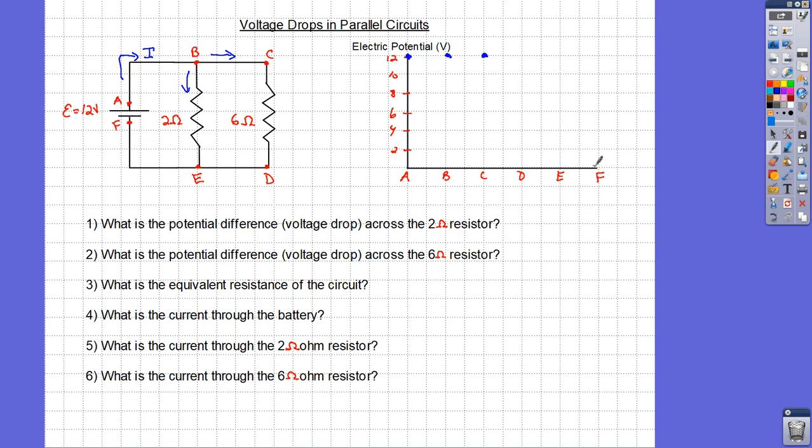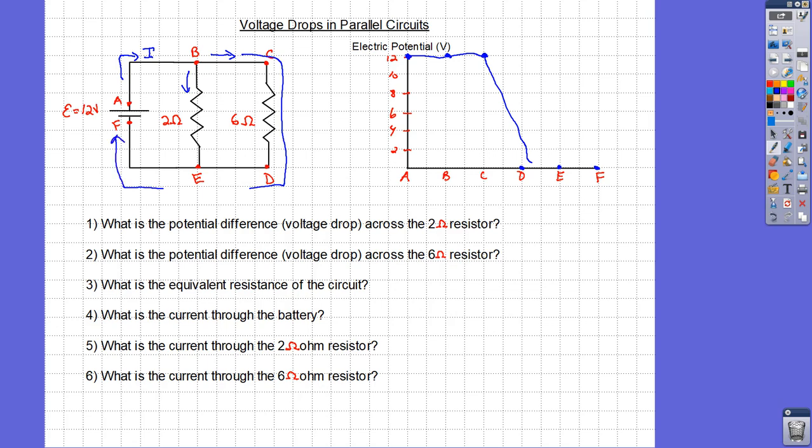And we know that point F is going to be here at 0. From E to F, all connecting wire, that's still at 0. D to E is still at 0. So we've got one drop, and that one drop is going to be all 12 volts. All 12 volts are going to be there. So that is this outside path.